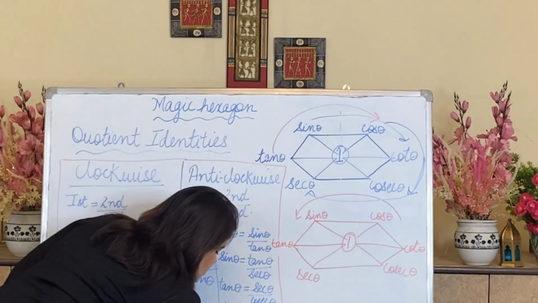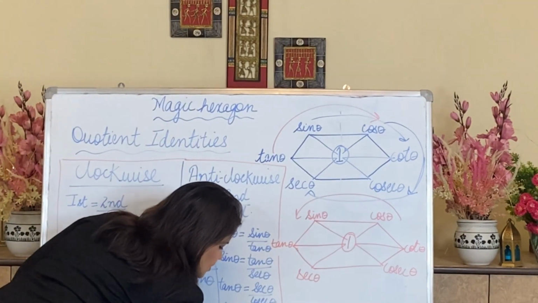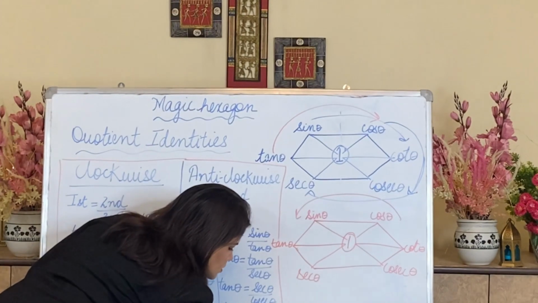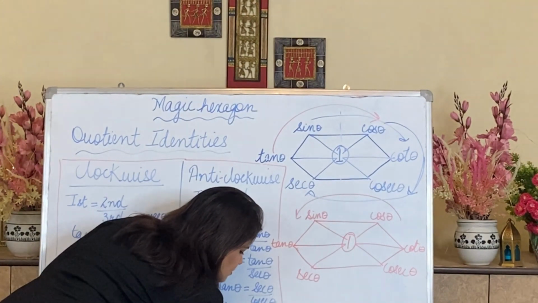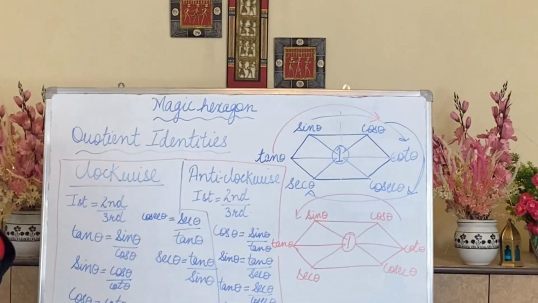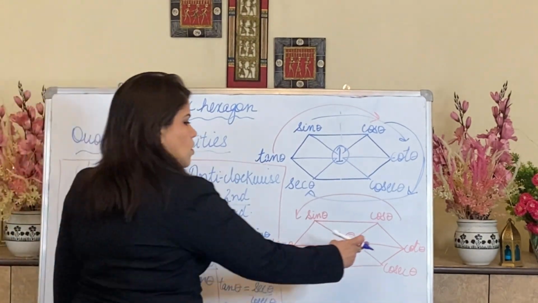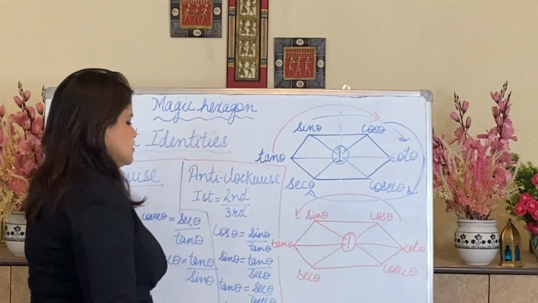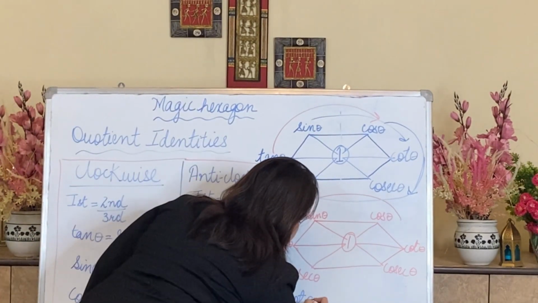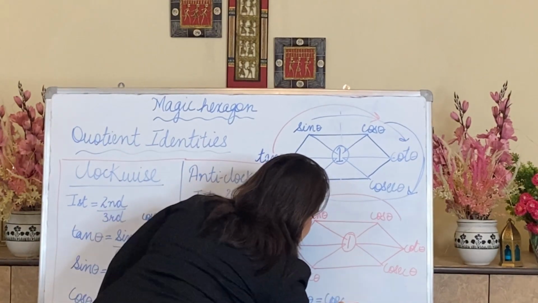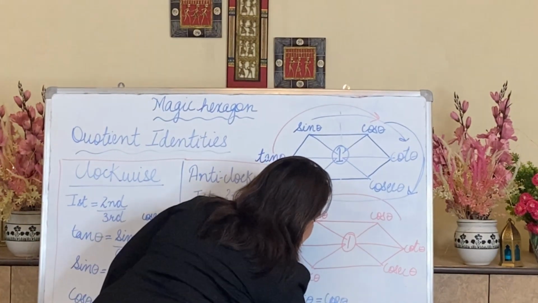So it will be cosecant theta equal to cot theta upon cos theta. What is left? Cot, cos and sine. So what will it be? Cot theta will be equal to cos theta upon sine theta.